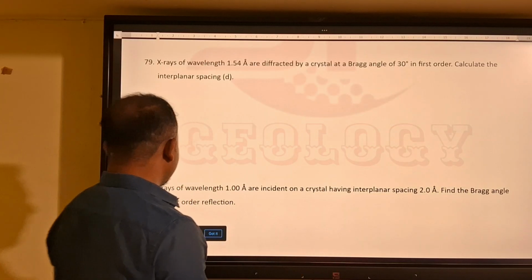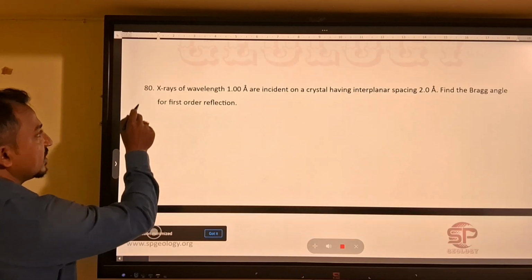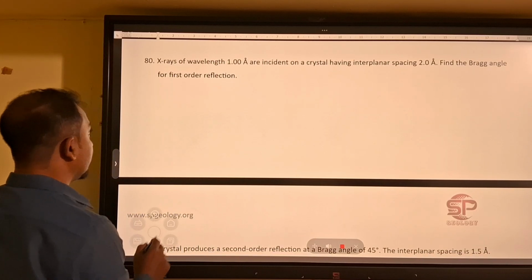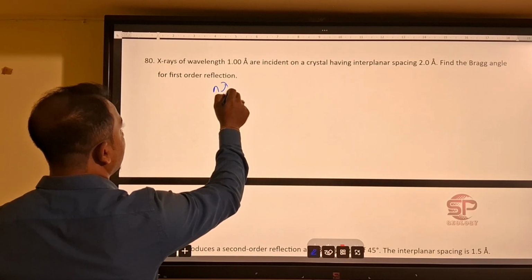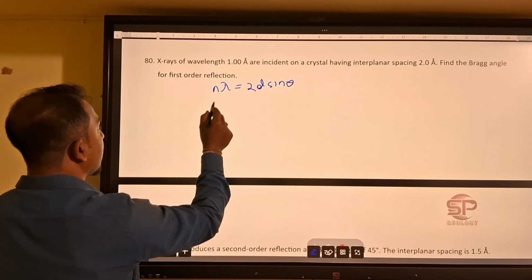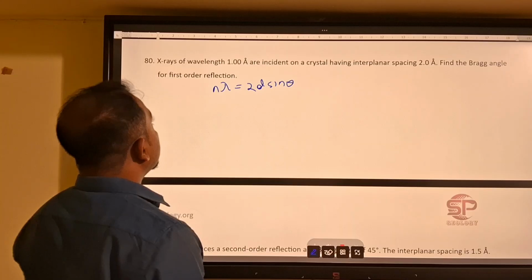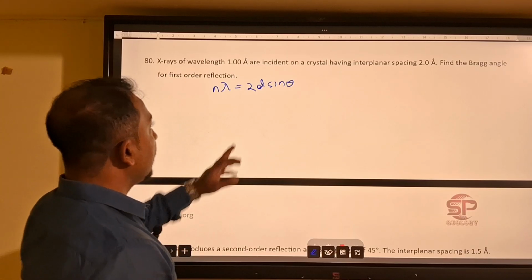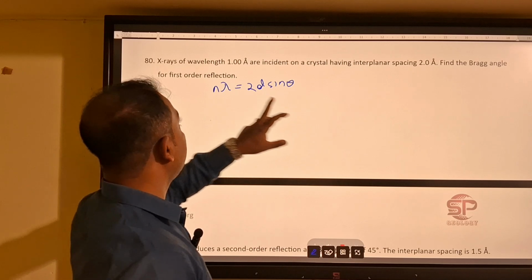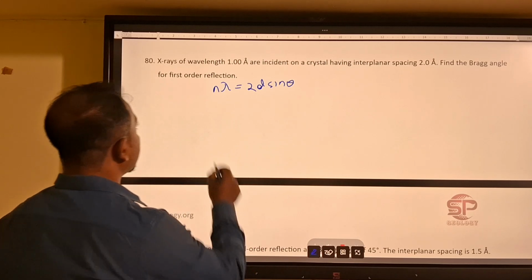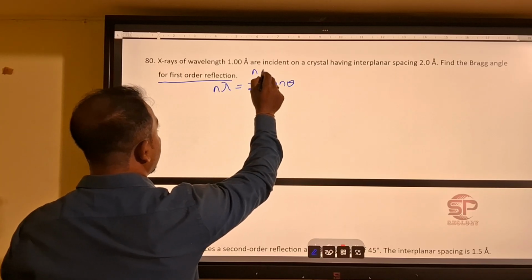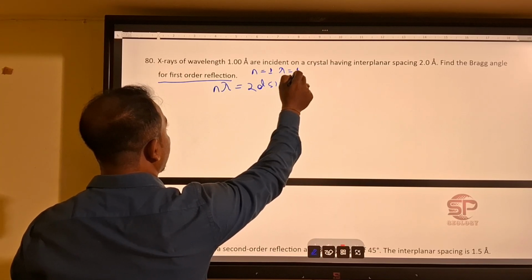Next is also a similar question, so try to solve this. Here the wavelength is given as 1 angstrom. We use the formula n lambda equal to 2d sin theta. The crystal has an interplanar spacing of 2 angstrom. Find the Bragg angle for first order reflection. First order means n is 1, and lambda is 1 angstrom.